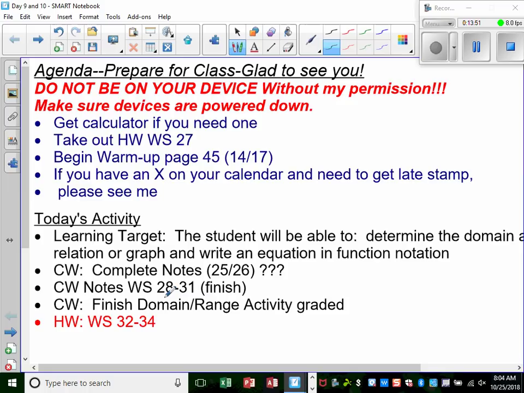So I did 28 and 29. You're finished with 30 and 31. And then those who will be looking at this tomorrow, you'll also complete pages 25 and 26. Okay, and then in class today, I'm going to let you guys finish up your domain and range activity that's going to be graded. Okay, homework is still what's on your calendar, which is worksheets 32 to 34.